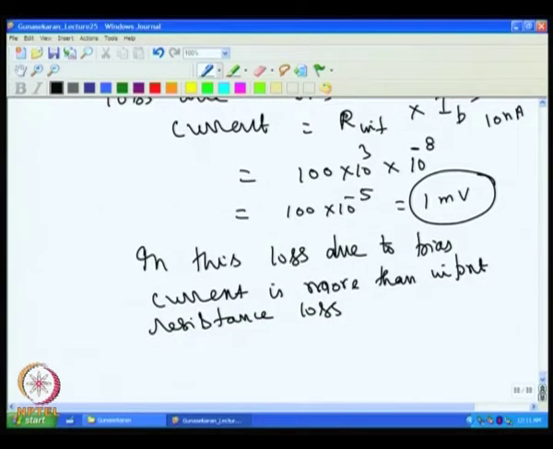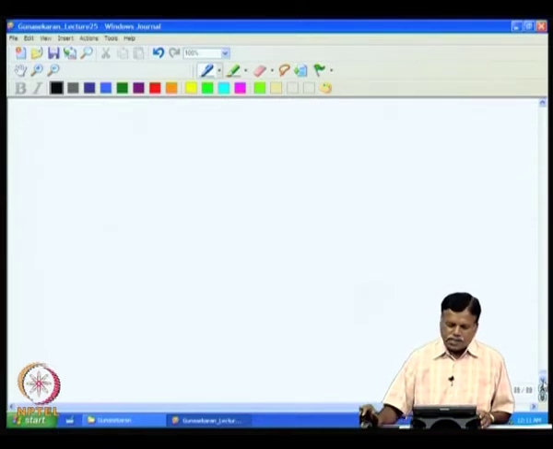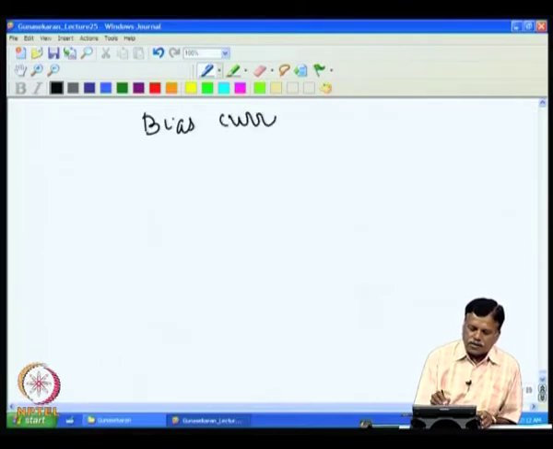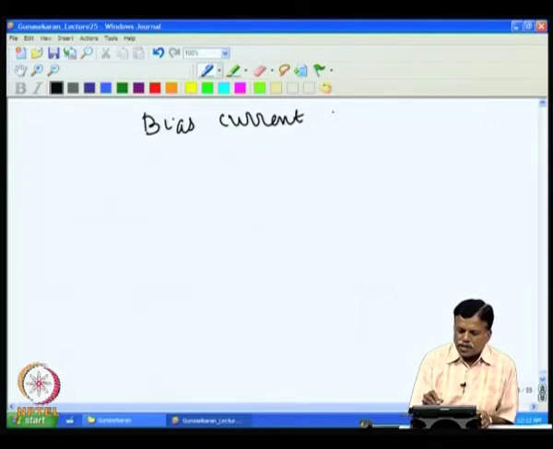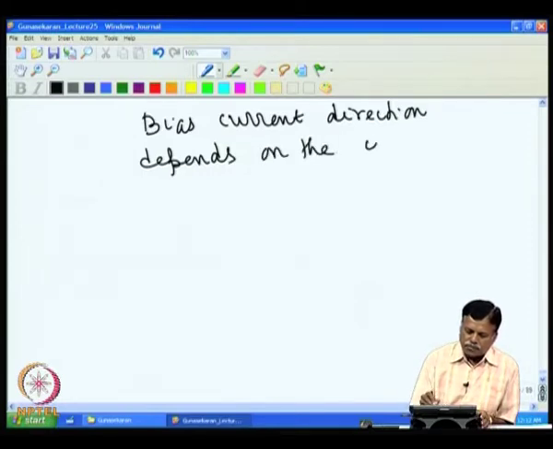Of course, one may wonder whether the bias current loss is only to be subtracted, or can it be added also. Actually, the bias current direction depends on the op amp.